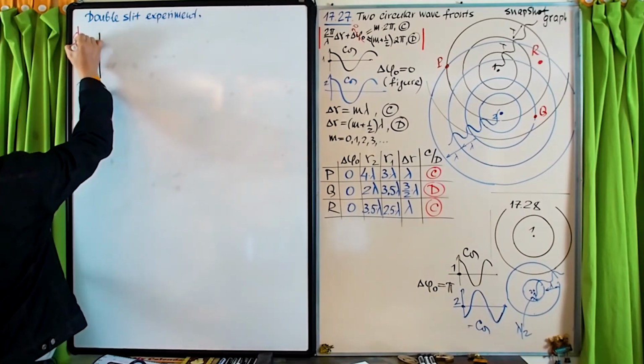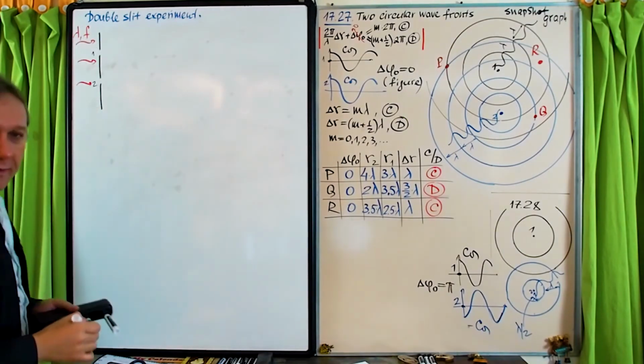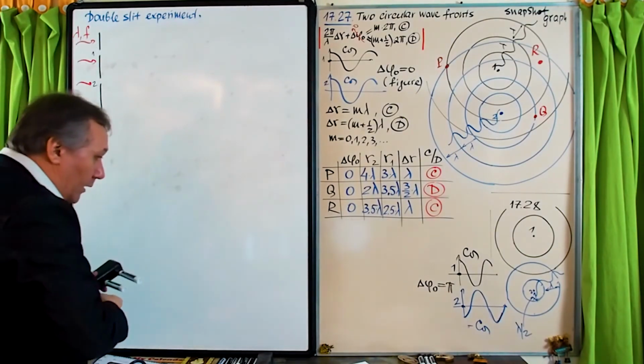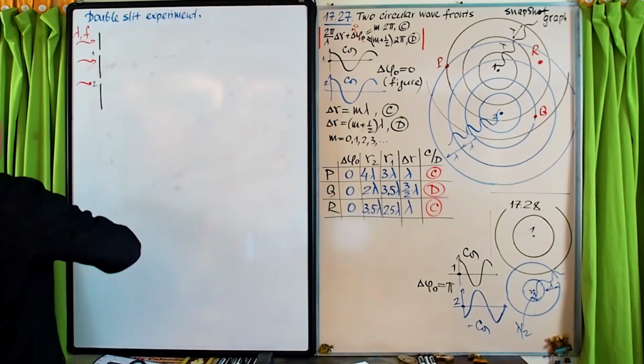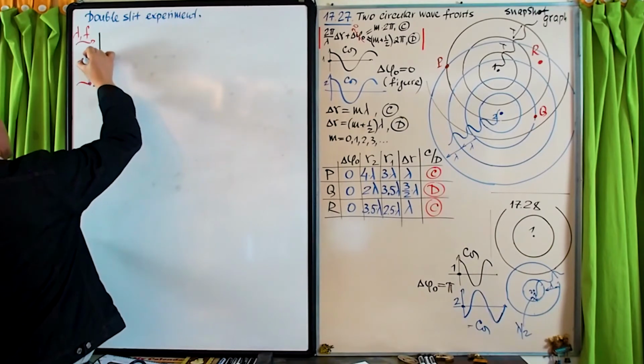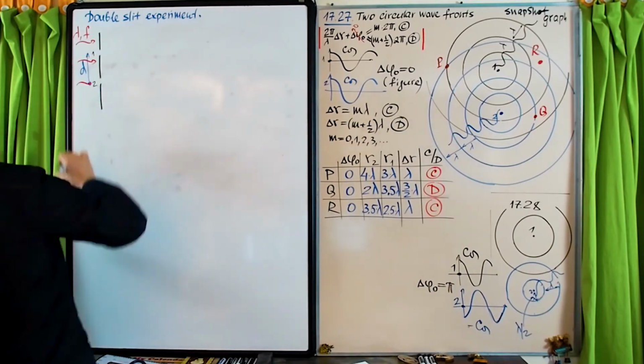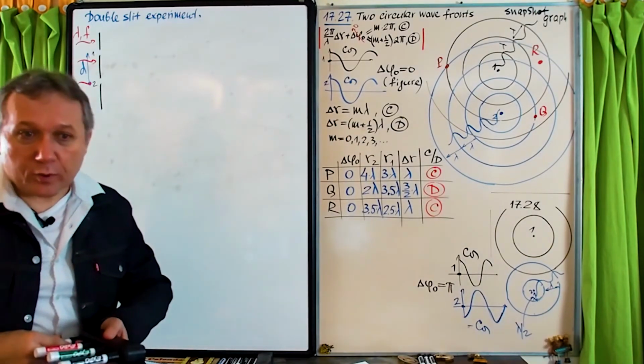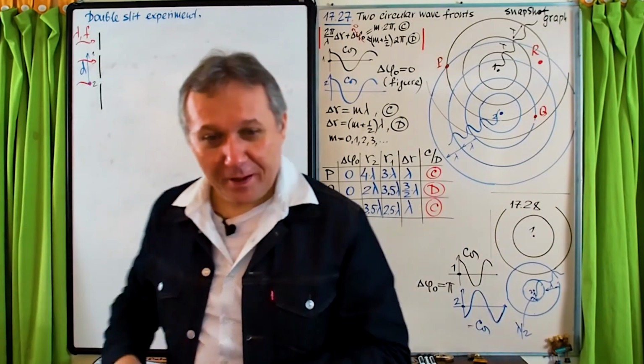So we have some wavelength, some frequency, so everything is given. And the distance between these slits is d. And so what happens in terms of physics?